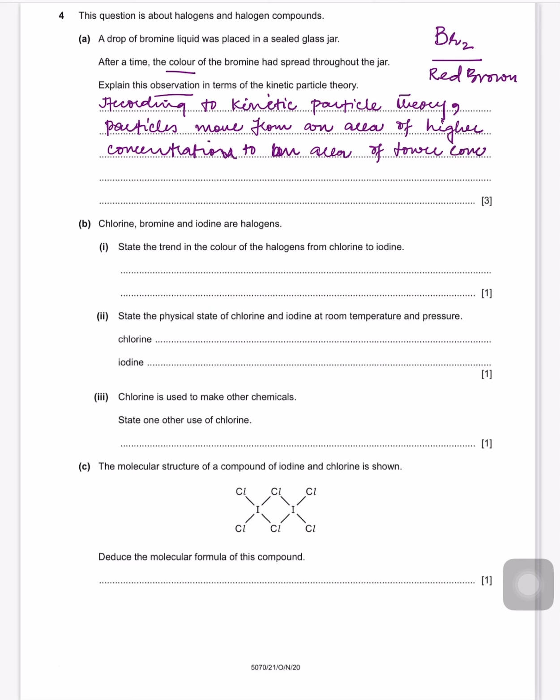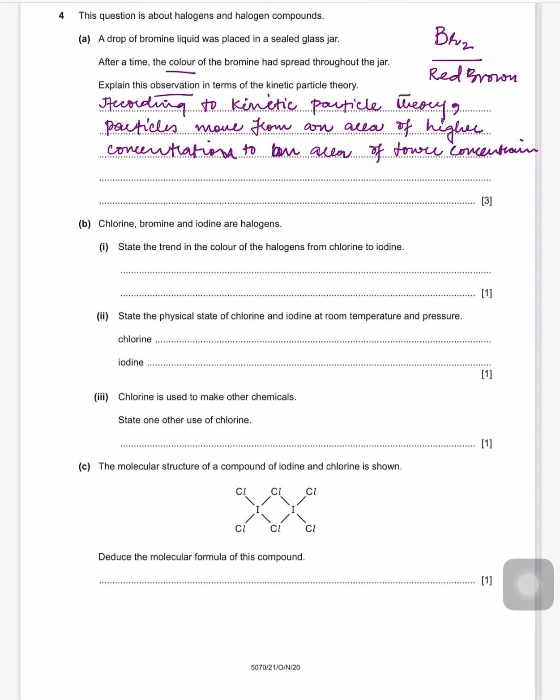This is diffusion. But you should know that diffusion is based upon the fact of kinetic particle theory. Diffusion is one of the applications of kinetic particle theory, basically. So that's why we have written, according to kinetic particle theory, particles move from an area of higher concentration to an area of lower concentration.